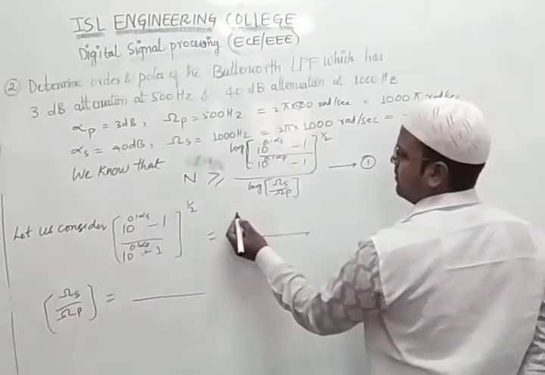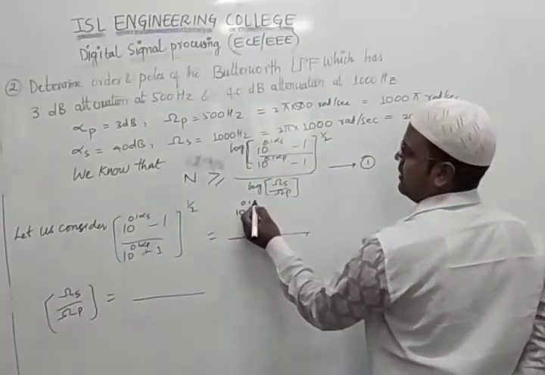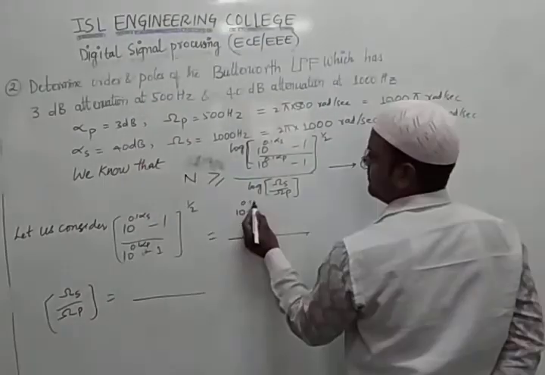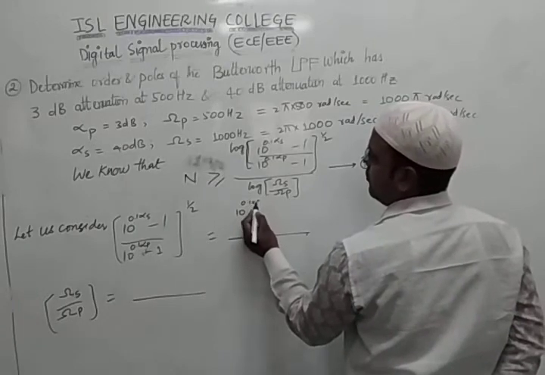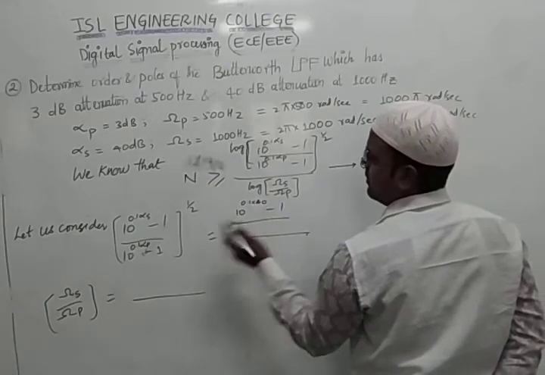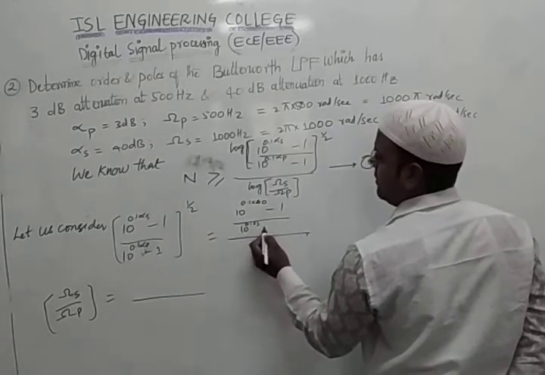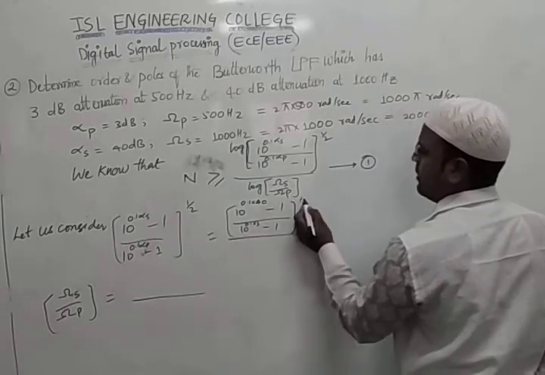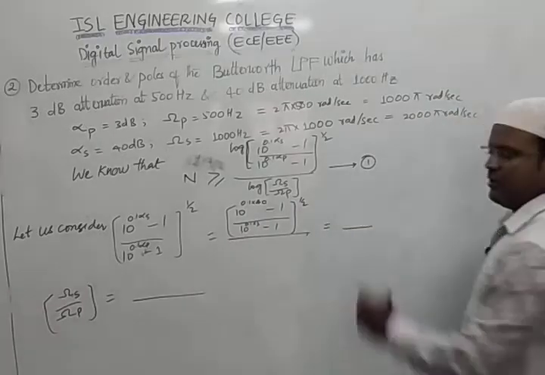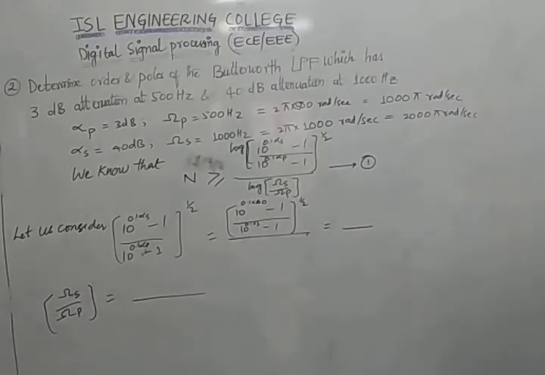I can put 10 power 0.1 alpha s. What is alpha s? It's 40, minus 1, by 10 power 0.1 into alpha p, which is 3, minus 1, whole power 1 by 2. I'll put this in the calculator. Later on I'll do it.